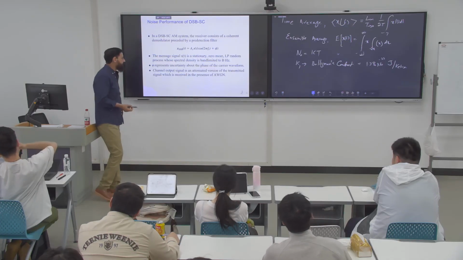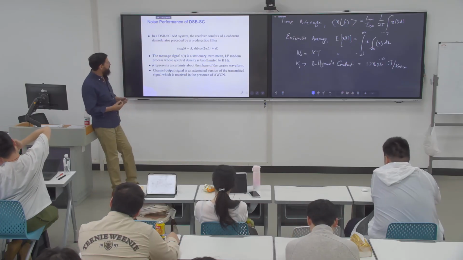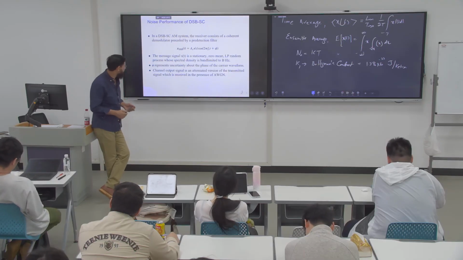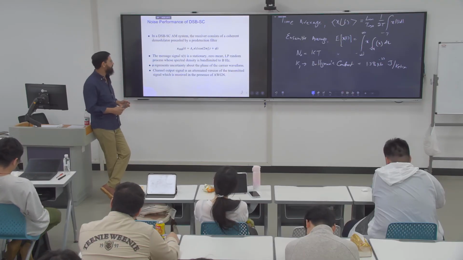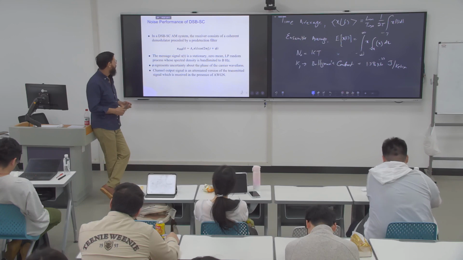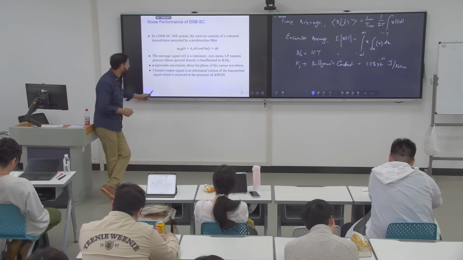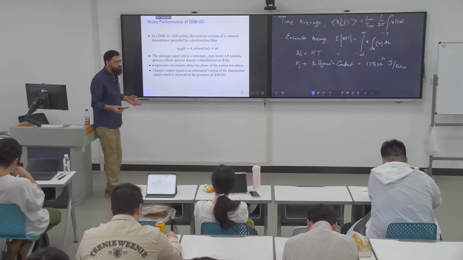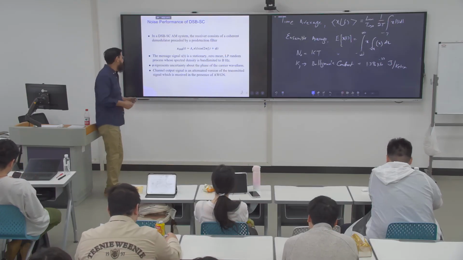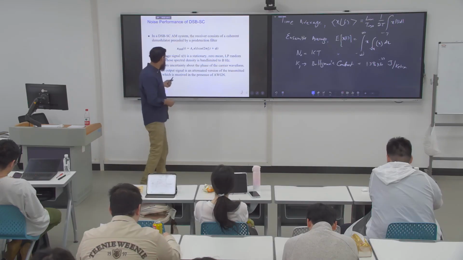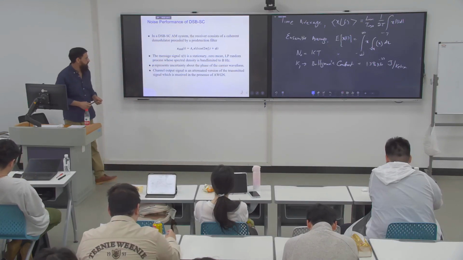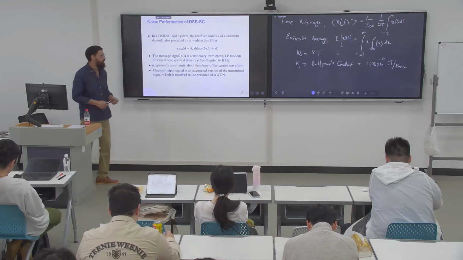The message signal is stationary. It's a zero mean, low pass random process whose spectral density is band limited to B Hz. This phi represents uncertainty about the phase of the carrier waveform, but if we can ignore it, we can. We don't need that in our calculation. Channel output signal is a degraded version of the transmitted signal, which is received in the presence of WGN.